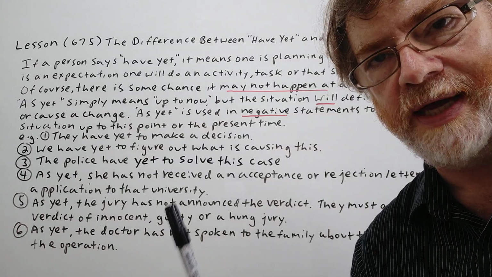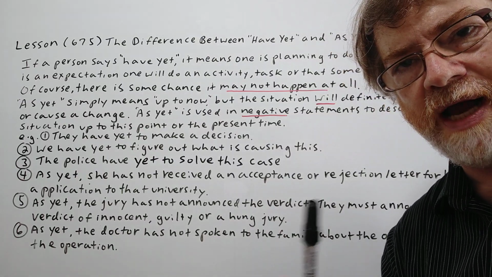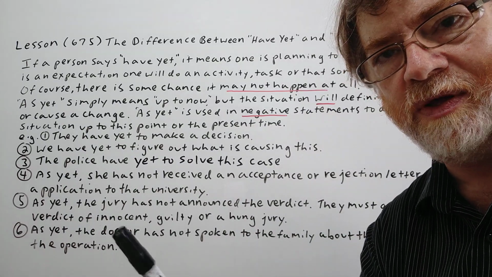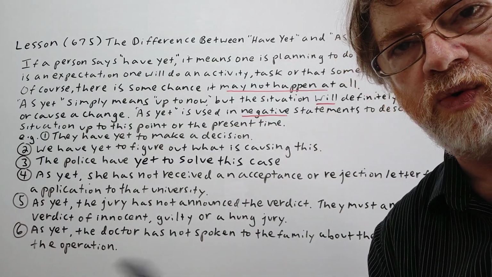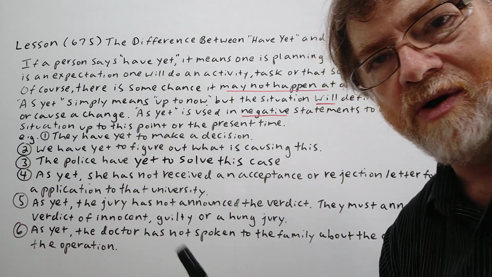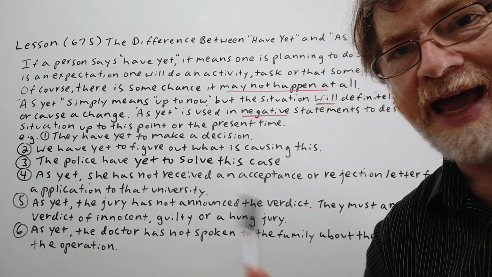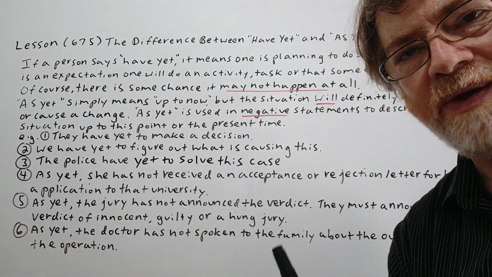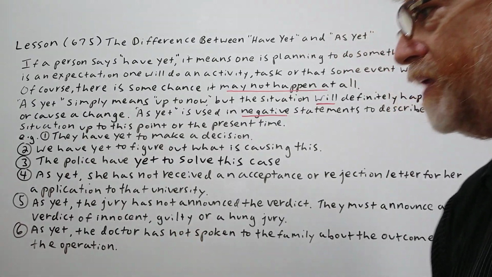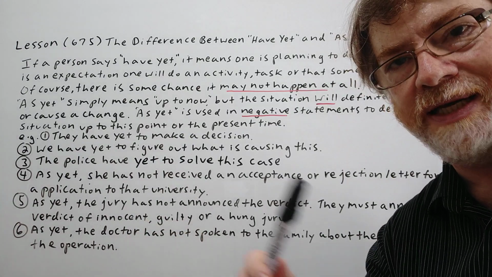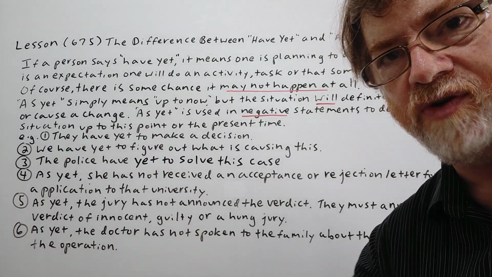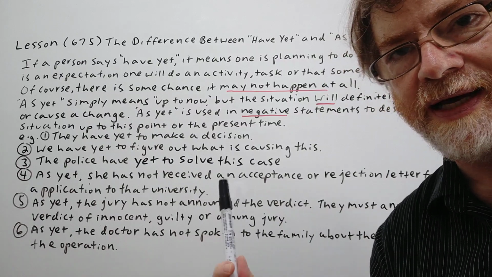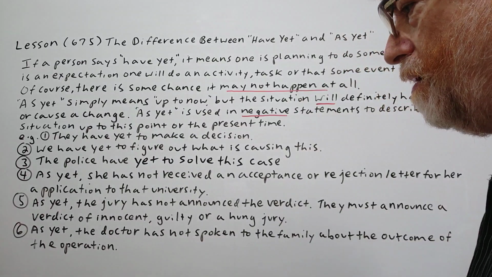In the far majority of cases, there are every now and then there is a situation where they can't decide because maybe there's 1 or 2 people that won't vote with all the other people, and you could have a hung jury. But either way, they have to say that. It can only go so long without getting an answer. So here we say as yet. So it is expected to happen in the near future. Maybe it'll take days, maybe weeks. But it will come.